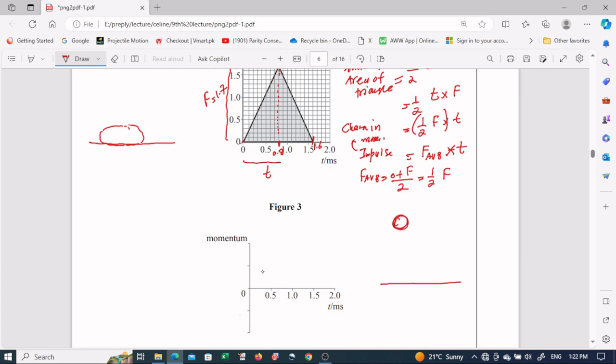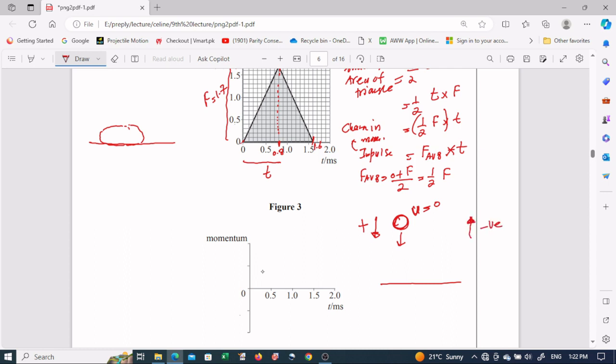When the ball is at the highest point, its initial velocity is 0. Let me fix the direction: downward is positive, because the ball is moving initially from upward to downward, and the upward direction is negative.